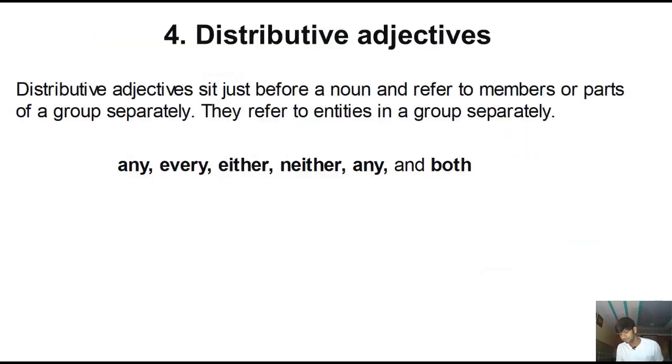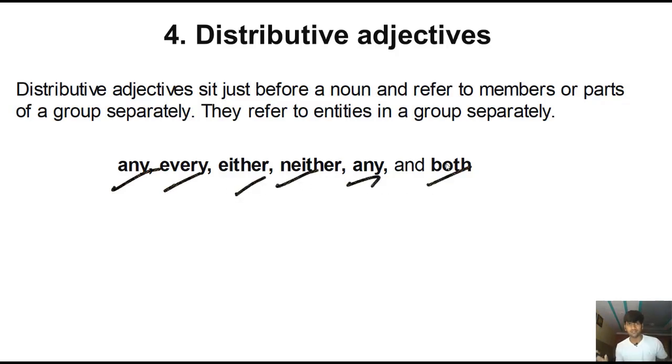So this is about demonstrative adjectives. Let's talk about the next one, which is distributive adjectives. Distributive adjectives sit just before a noun and refer to members of an entire group separately. These are any, every, neither, either, and both.